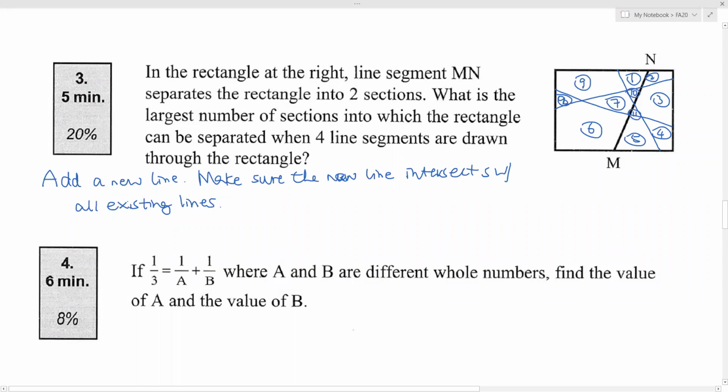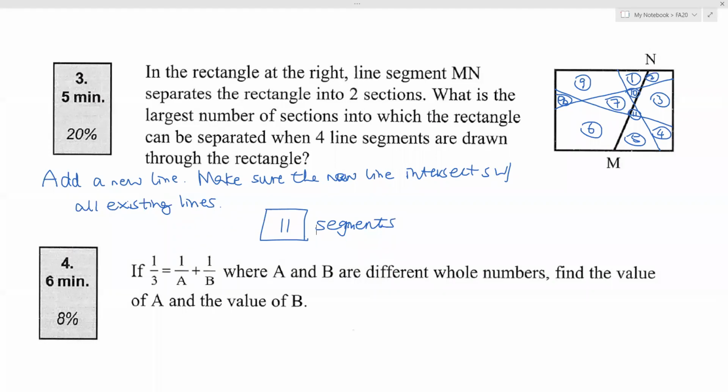So the largest number of segments is 11. Again, the key is to intersect. Every time you cross 2 lines, you're making one more, right? And if you can do that with every line, you're going to get the maximum number of segments.